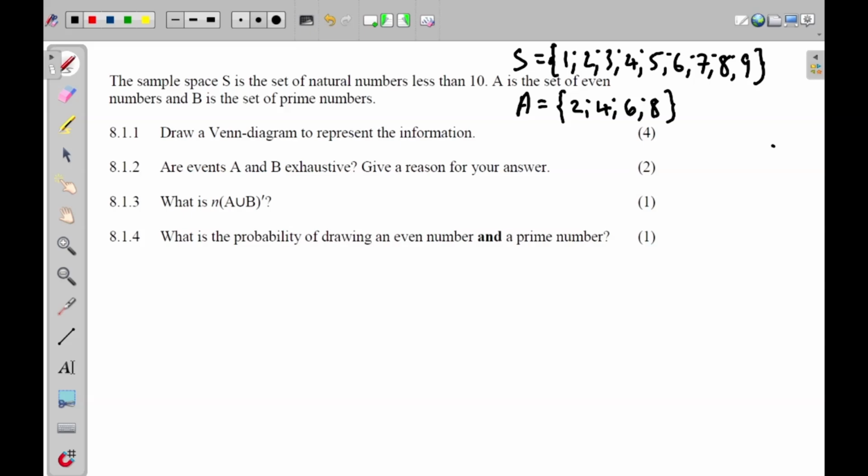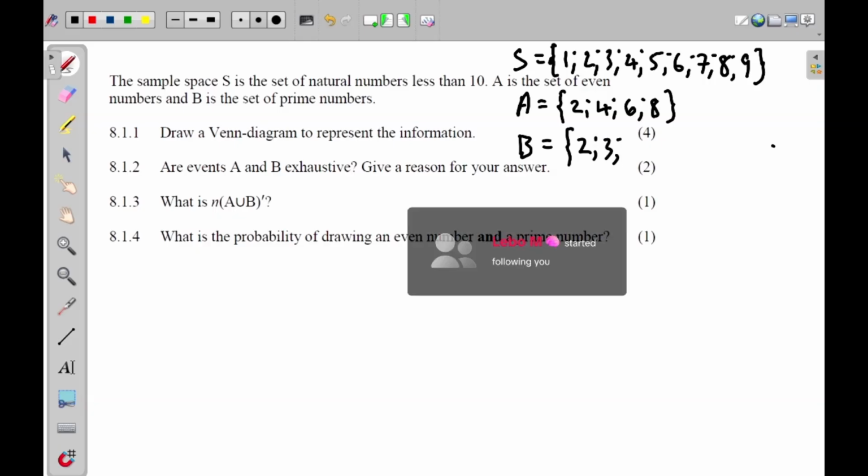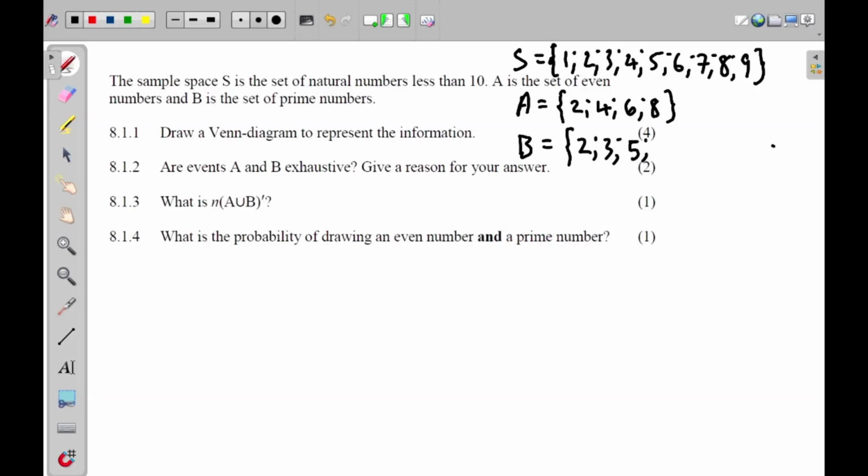And then we've got event B, which is the set of prime numbers. And I mentioned this yesterday that please, 1 is not a prime number. So the smallest prime number in this set is 2. After that, we're going to take 3. We're going to go for 5. We're going to go for 7. We stop there because 9 is not a prime number either.